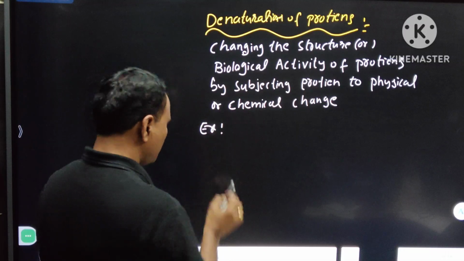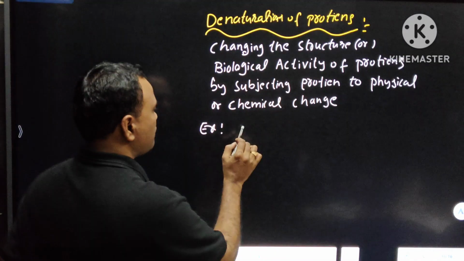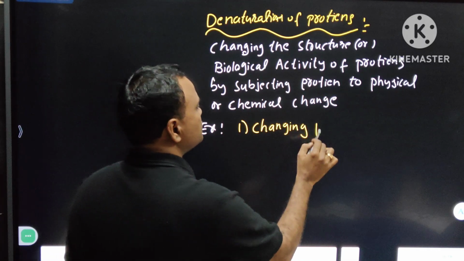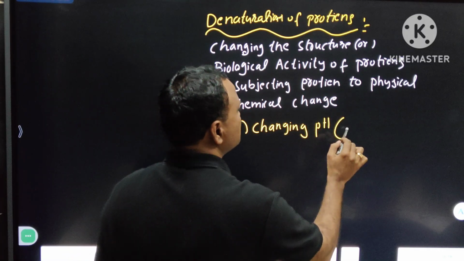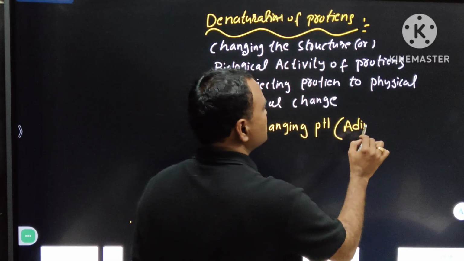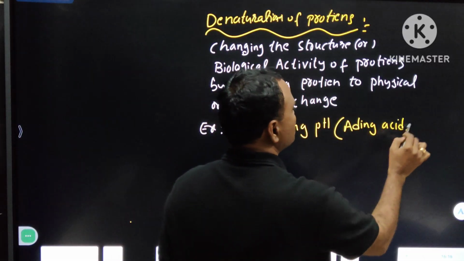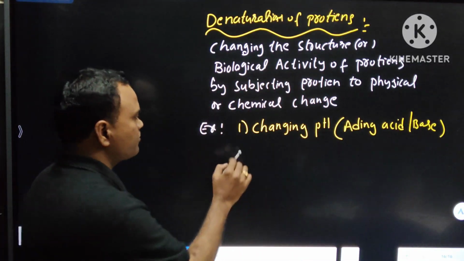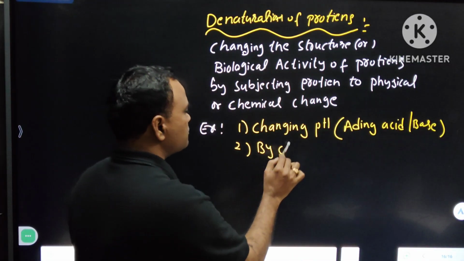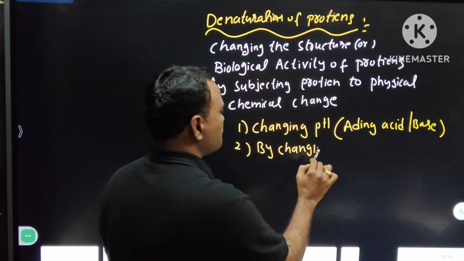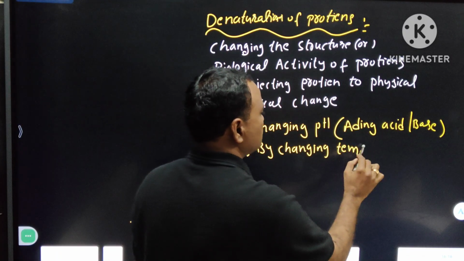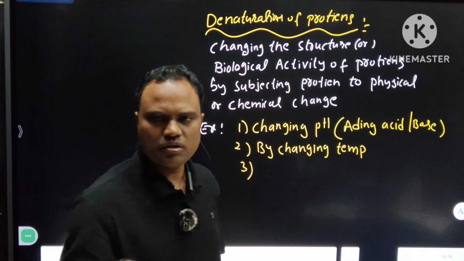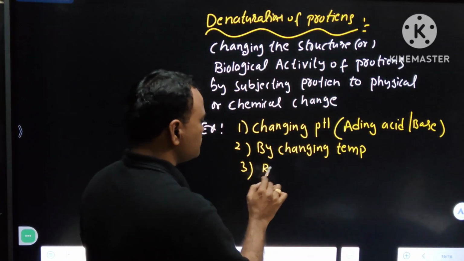Examples of denaturation methods. First one, all these are important examples. Changing the pH of a protein means adding acid or base. By changing temperature. By agitation, which means mixing.